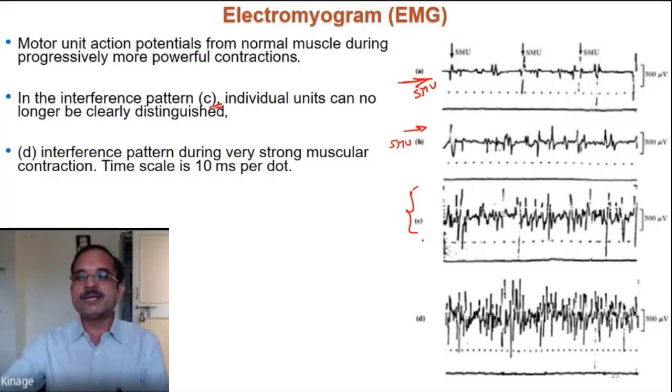So in this part C, you cannot distinguish any single unit SMU because it is the addition of them. And if there is a strong muscular contraction, then it will show an interference pattern, as shown in this figure D. Okay. So this is in short about EMG.